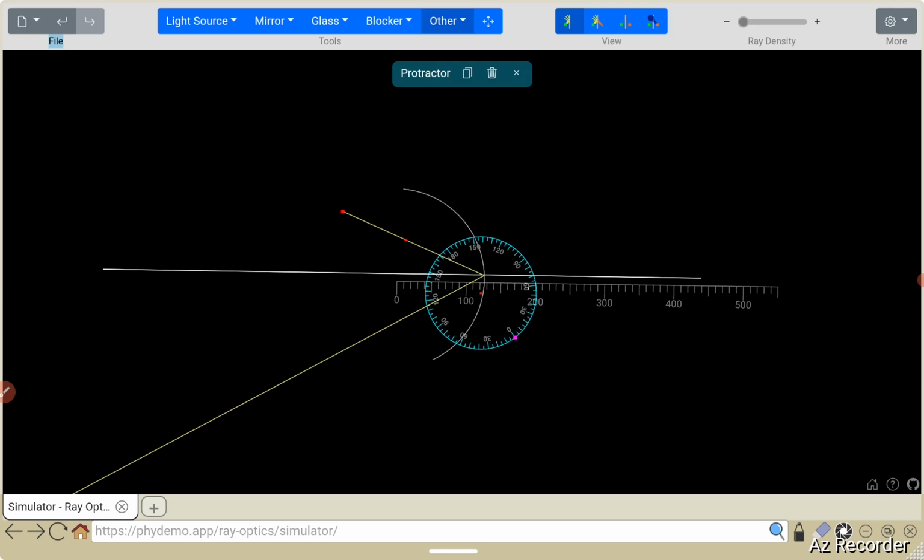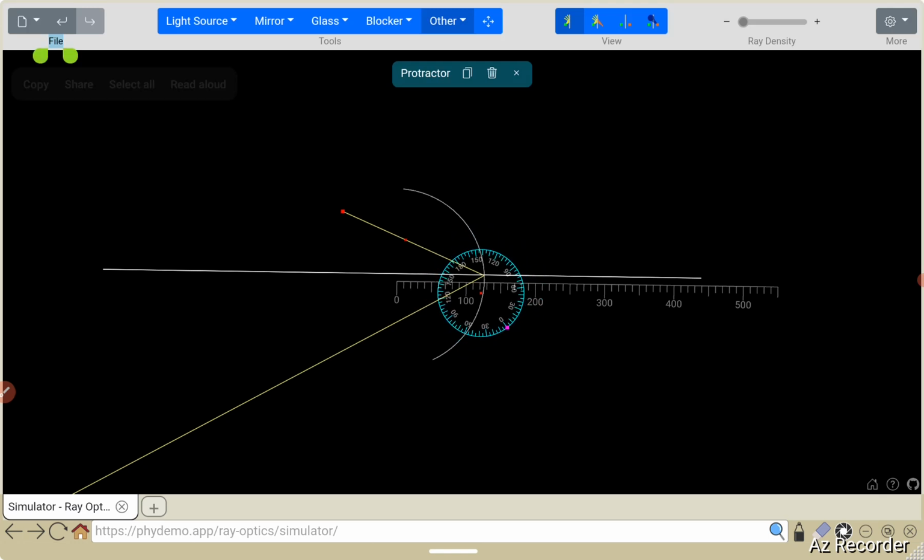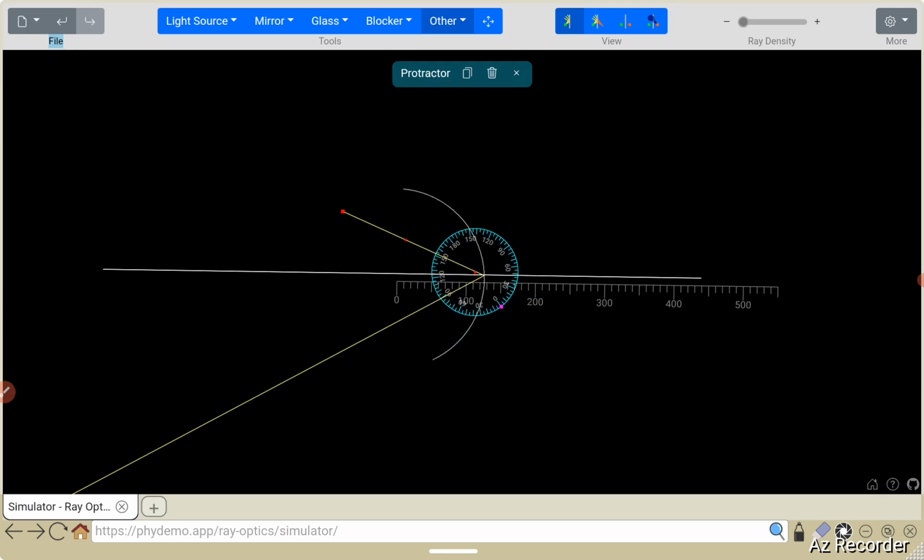Now let me just check the angle by placing it correctly. I am placing 120. If I place 120, this other side it has to touch the 60. Then only it is correctly placed. Understood?